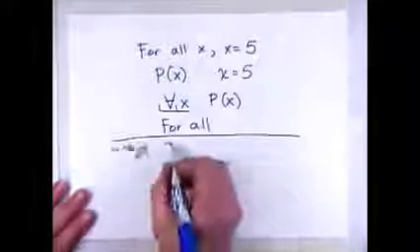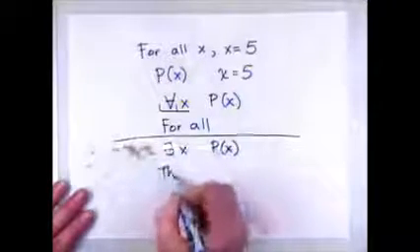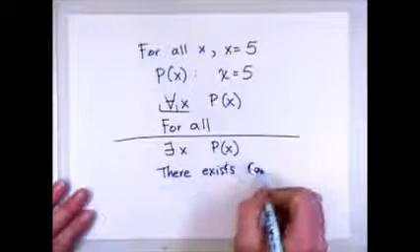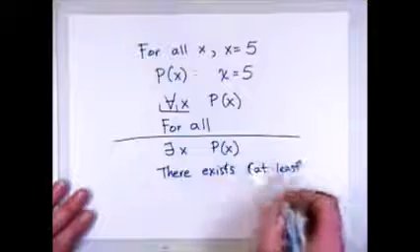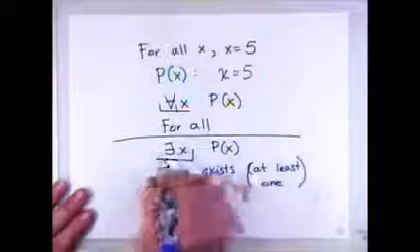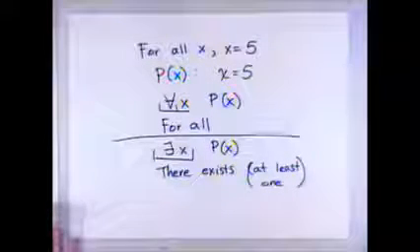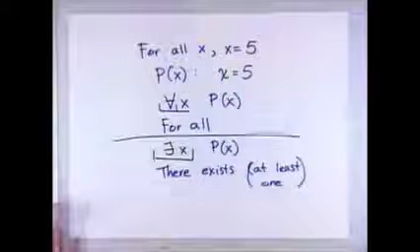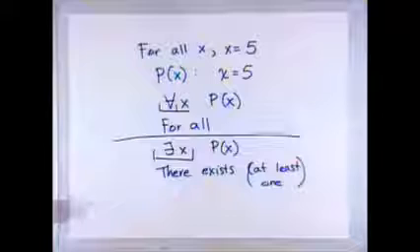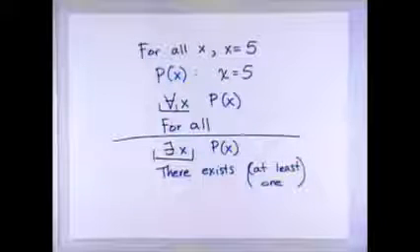So we also have a way to write there exists. And that is a backwards capital E. And so the way I remember these is all has an upside down A and exists has a backwards E. And maybe they would have made the E upside down, except it looks the same upside down.